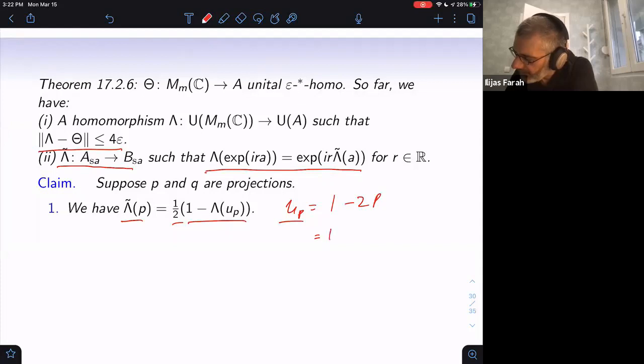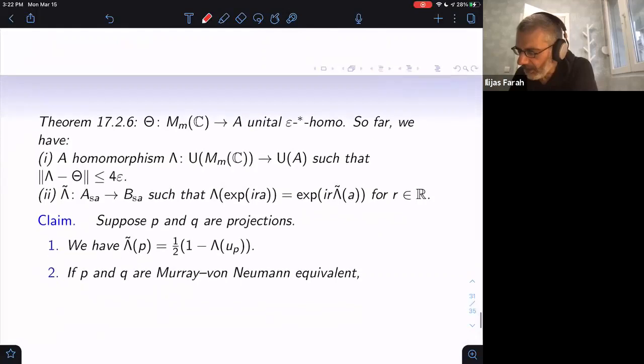So it's (1 minus P) times e to the 0 plus P times e to the iπ. This may look silly, but it shows what the spectrum is and what is happening there. So if you just look at it this way, you just see that lambda tilde of P is indeed this unitary here.